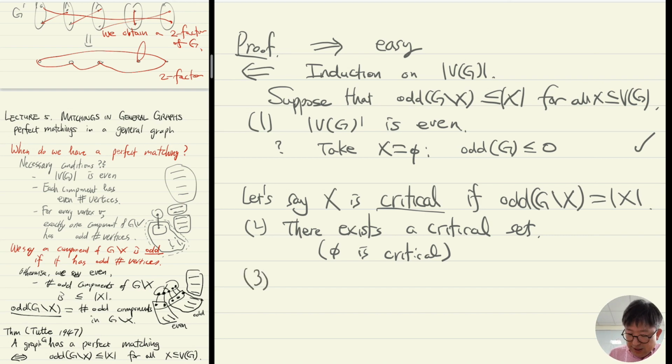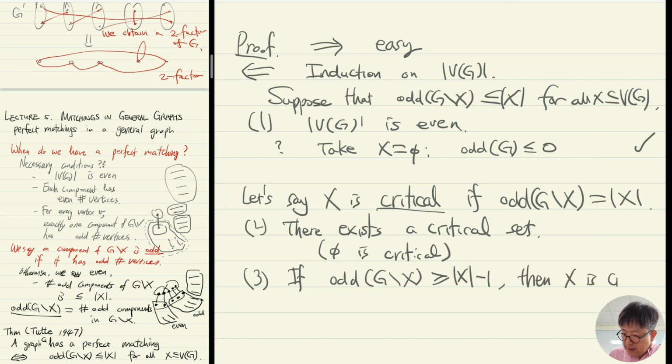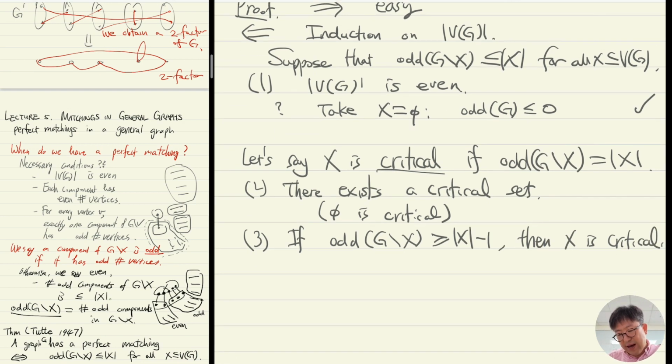The third claim is if the number of odd components of G delete X is bigger than or equal to X minus 1, then X is critical. So why is this the case? Let's look at the number of vertices.